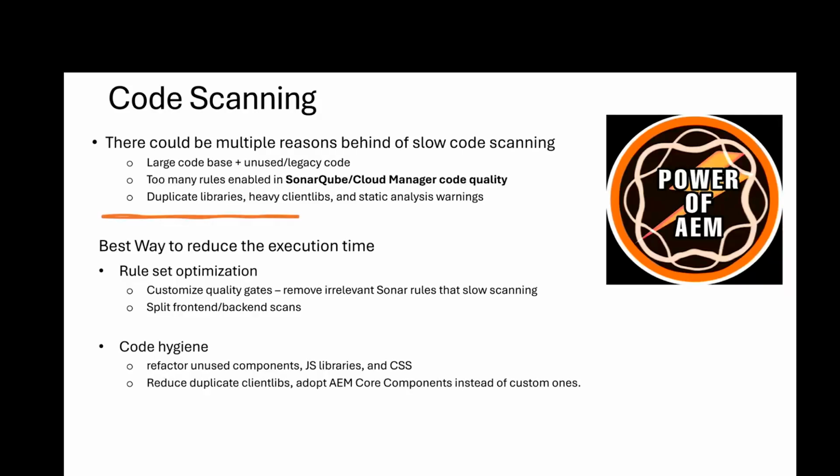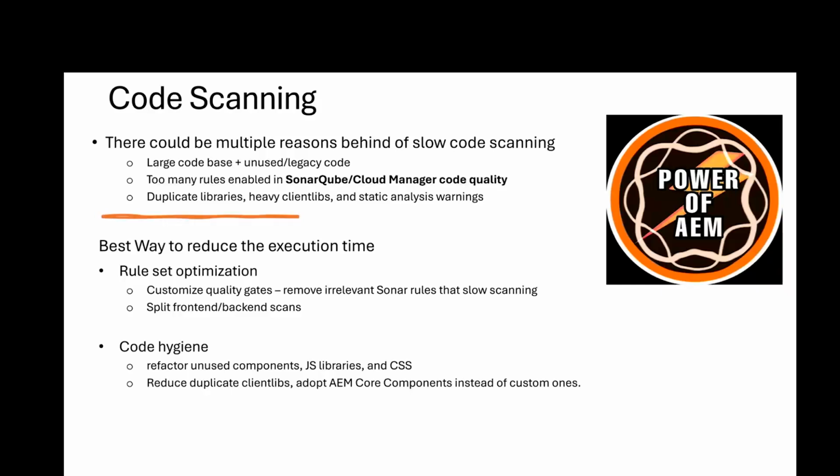We have a big code base and we are not sanitizing it, and it has some unused code. So the better way to improve the execution time of the code scan is to be very sure our rules are optimized and compliant with the Adobe Cloud Manager instructions.